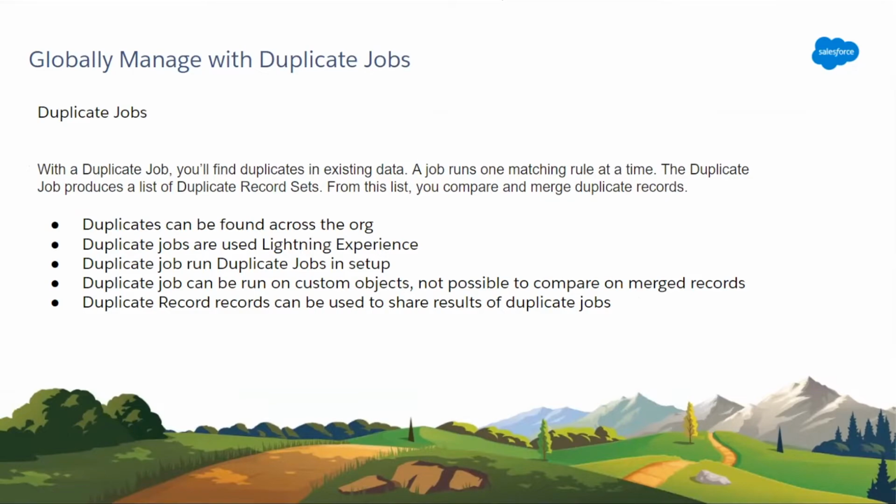They can be found globally across the org. These are used in Lightning, and you can set these duplicate jobs up in setup. Once the jobs are set up, they can run on custom objects, but you cannot compare merged records. And duplicate record sets can be used to share results of duplicate jobs with reporting.